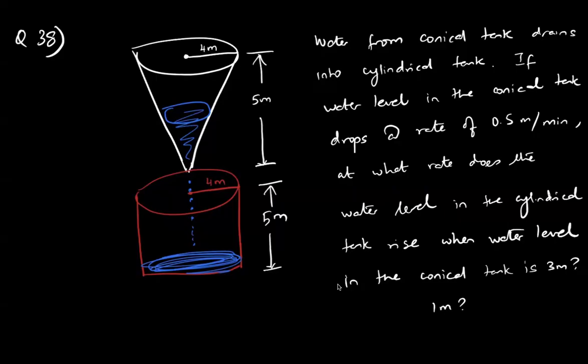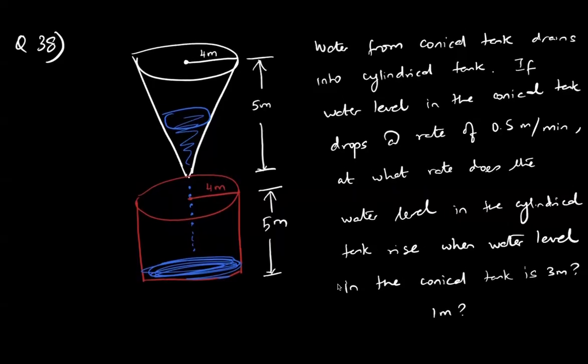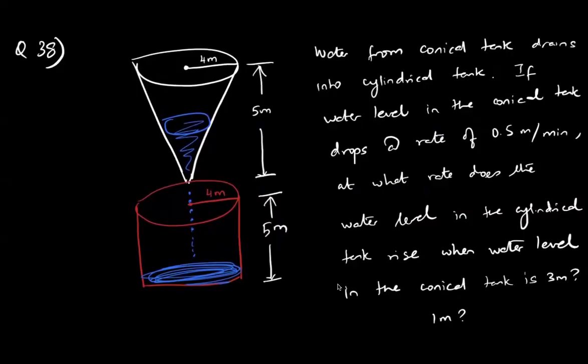Because we have height and radius and everything involved, we don't want to be confused here. So I'm going to declare this radius as R1, this height as H1.